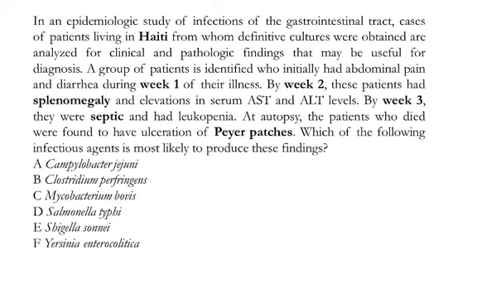By week 2, these patients had splenomegaly, the enlargement of spleen, and elevations in serum AST and ALT levels. By week 3, they were septic and had leukopenia, low level of leukocytes. At autopsy, the patients who died were found to have ulceration of Peyer patches. Which of the following infectious agents is most likely to produce these findings?